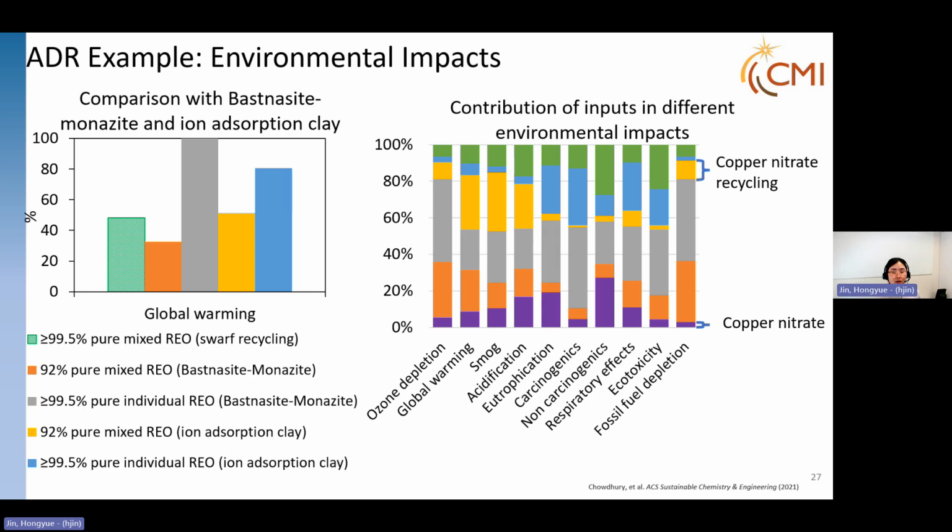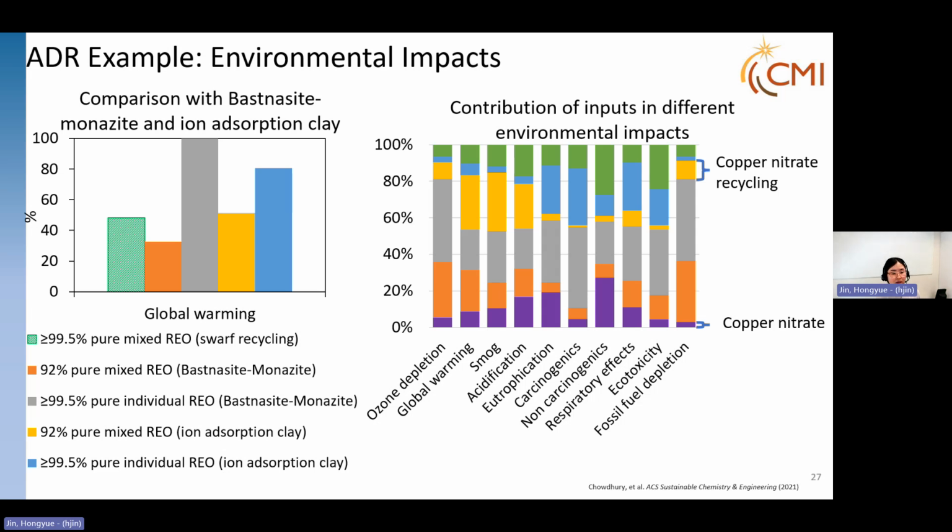And then for the environmental life cycle analysis, we compared the technology with the conventional rare earth mining from China. The green chart shows the ADR technology, and the rest are the conventional benchmark Chinese production from mines.